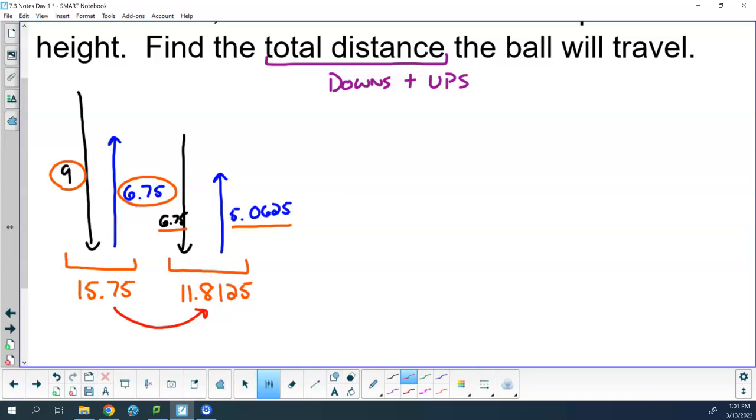So your R value here is going to be 0.75. Now that is less than 1, because as you bounce the ball doesn't bounce higher and higher without any added extra stuff into it. And you know your first term, the total distance that it traveled, would be 15.75.